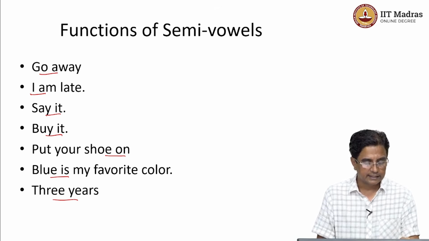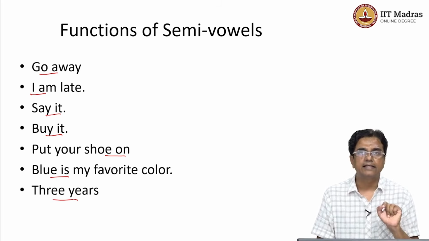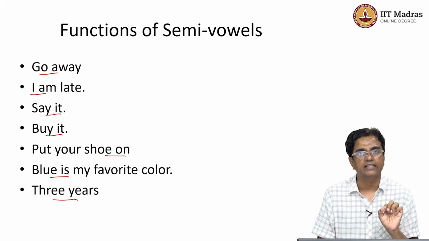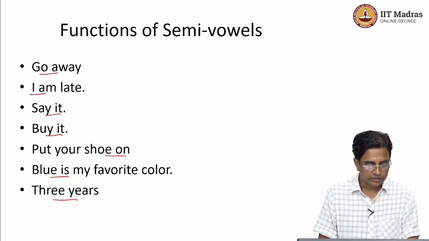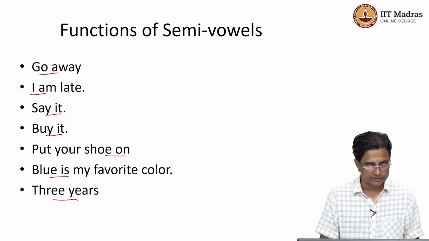Say has a vowel sound at the end, and it has a vowel sound in the beginning. Shoe on. Shoe has a vowel sound at the end of the word, and on has a vowel sound in the beginning of the word.